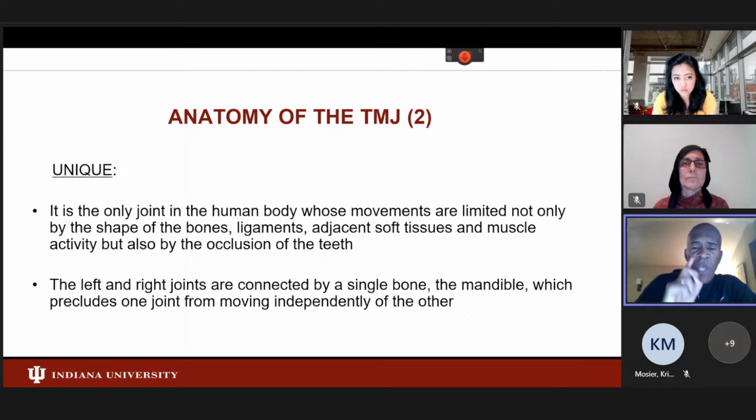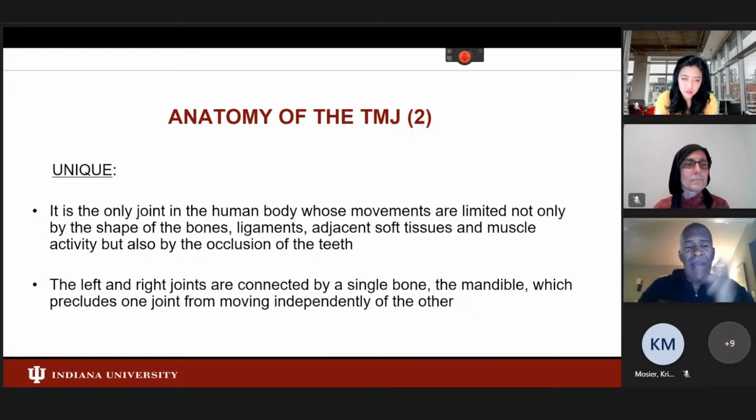However, you cannot move your right jaw joint unless your left jaw joint also moves. It's impossible. They cannot move independently. And that is because both the right and the left temporomandibular joint are joined by this bar of bone across the middle of our face called the mandible. So in that respect, the TMJ is unique in that both joints have to work together.